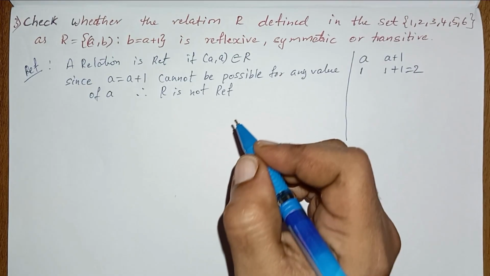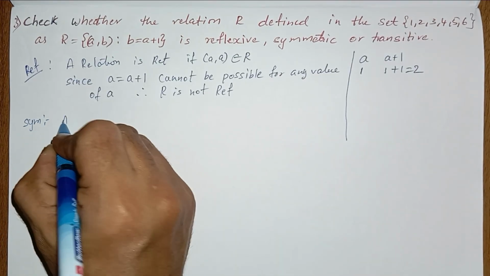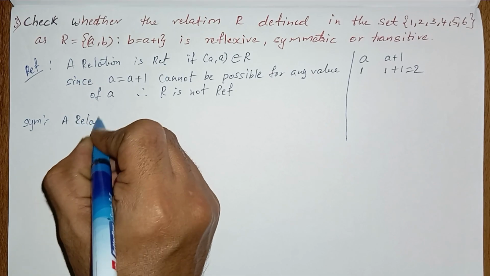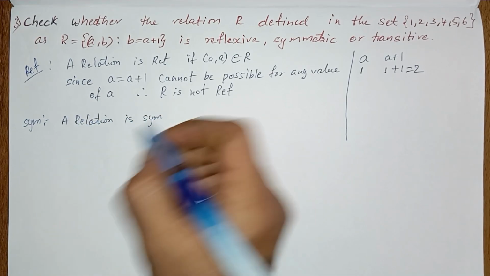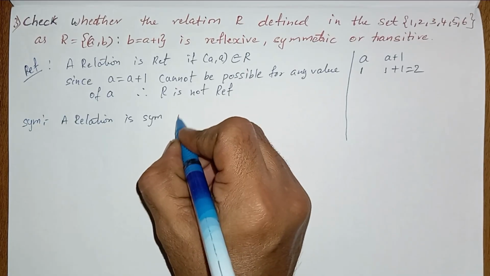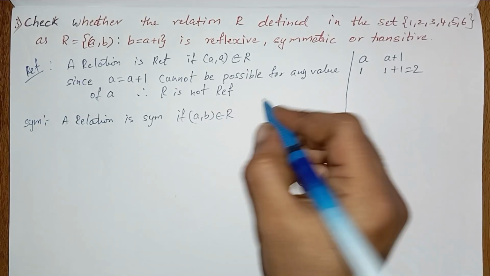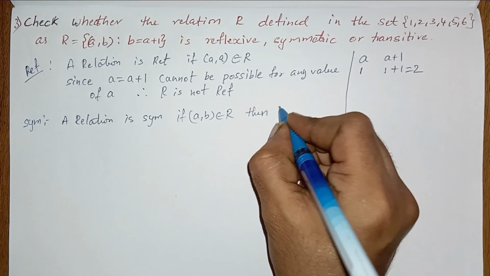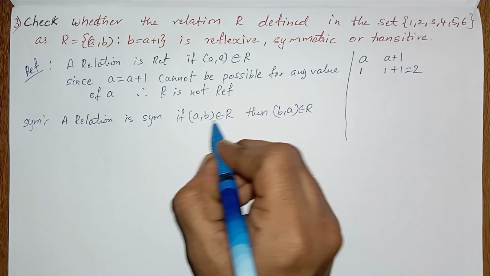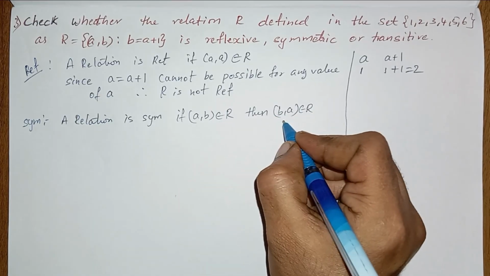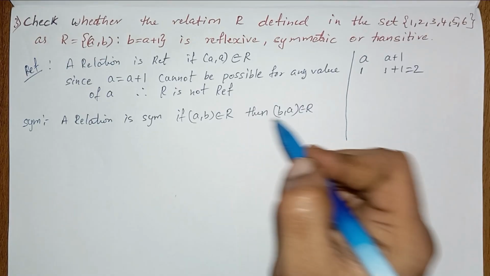So next we have to check for the symmetry. A relation is symmetric if AB belongs to R, then BA also should belong to R. So here if AB belongs to R, then BA also should belong to R. Then we call it symmetric.